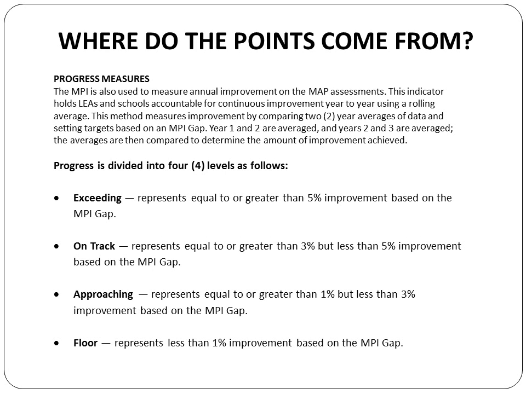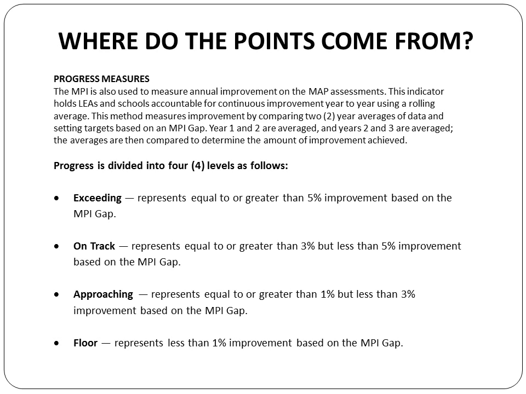The second area is progress measure. We get points here. And this is different because the MPI is also used to measure annual improvement on the MAP assessment. This indicator holds our district and schools accountable for continuous improvement year to year using what's called a rolling average. This method measures improvement by comparing 2-year averages of data and setting targets based on the MPI gap.